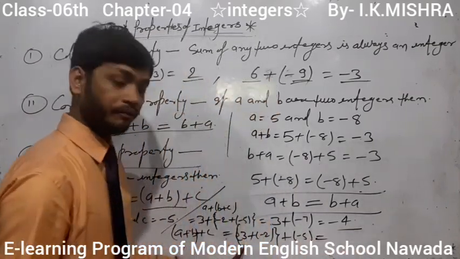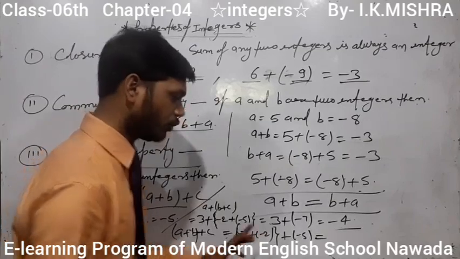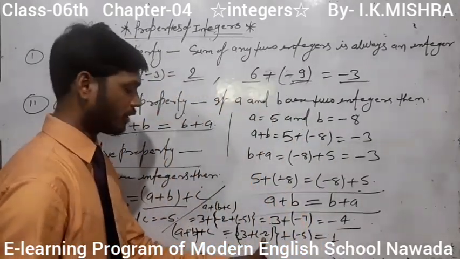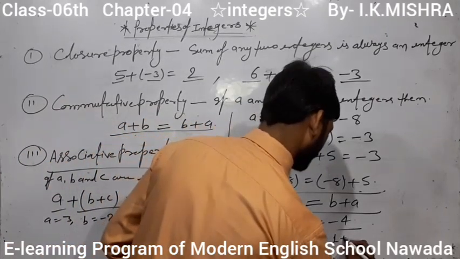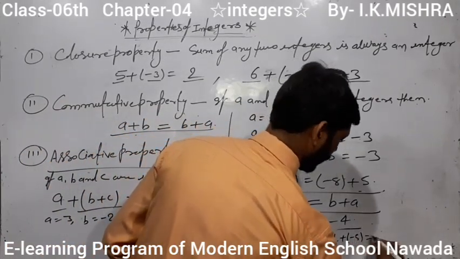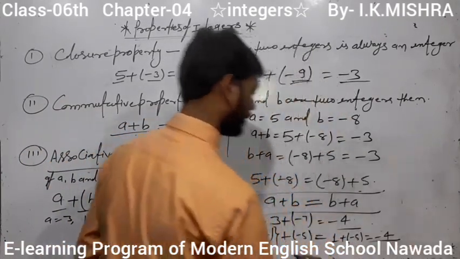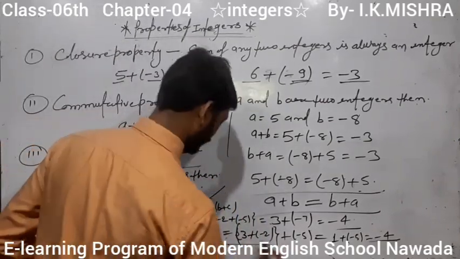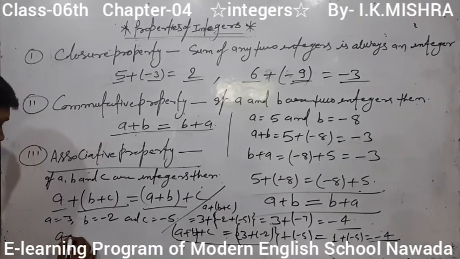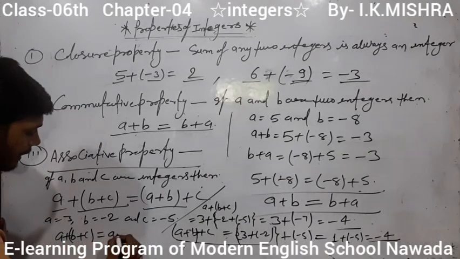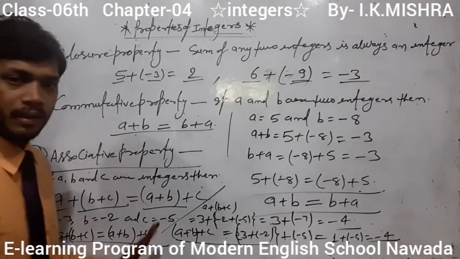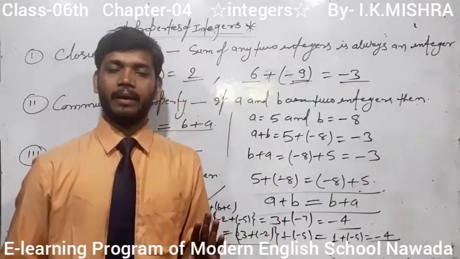Friends, here 3 plus minus 2 is equal to 1, and 1 plus minus 5 is equal to minus 4. Friends, here observe: (A plus B) plus C is equal to A plus (B plus C). Friends, clear? Associative property.